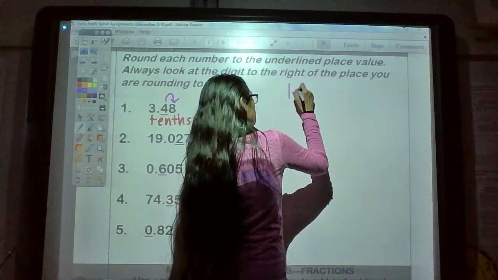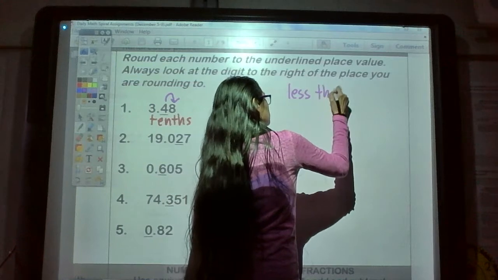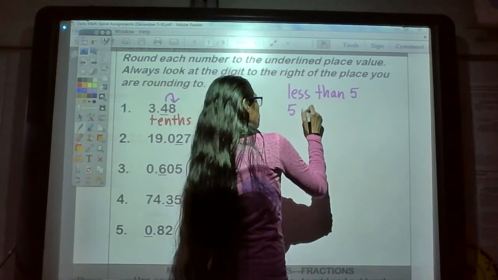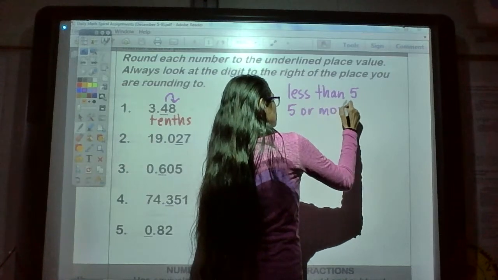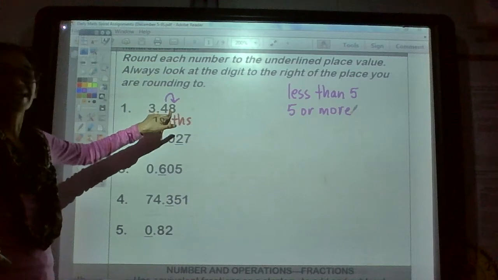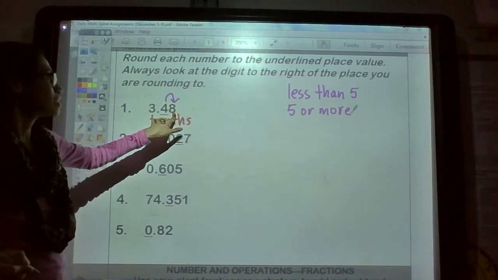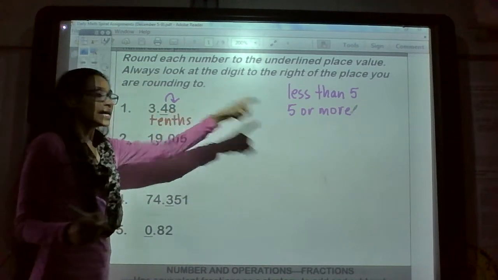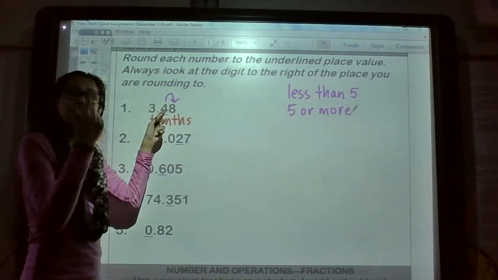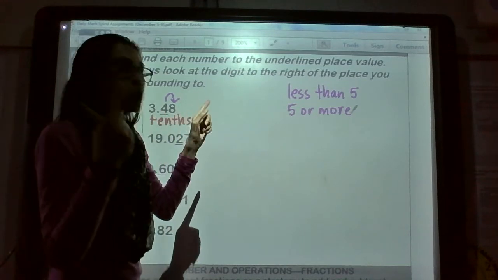Either it's less than 5 or 5 or more. Is the 8, not the 4, less than 5 or 5 or more? It's 5 or more. So what happens is this 4 increases by 1.